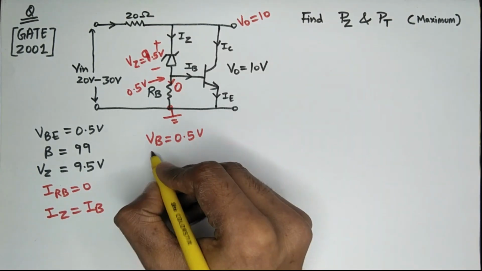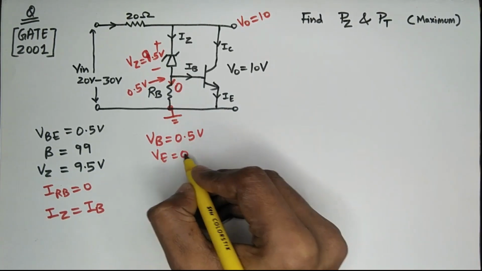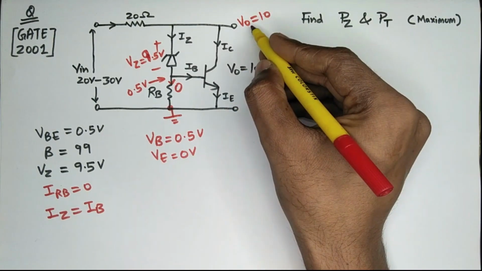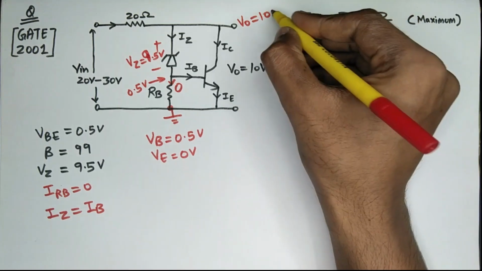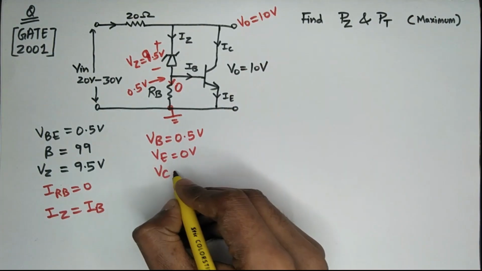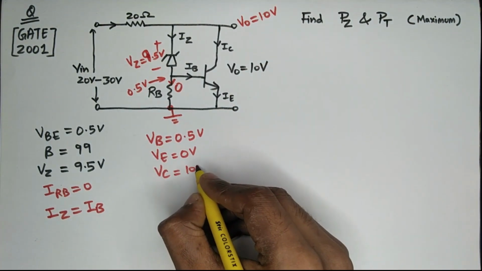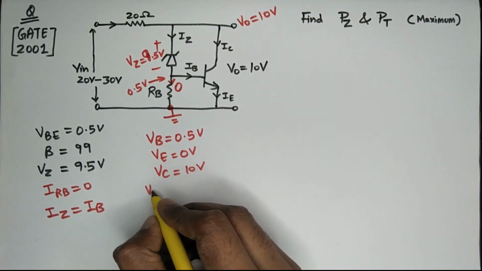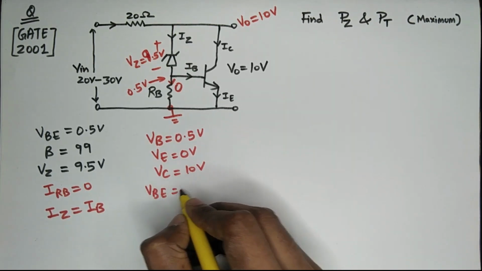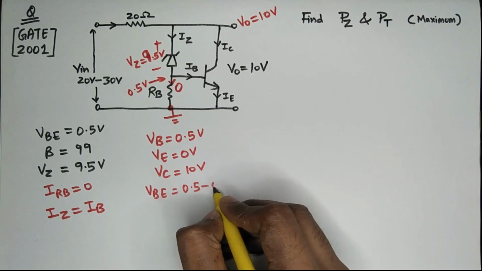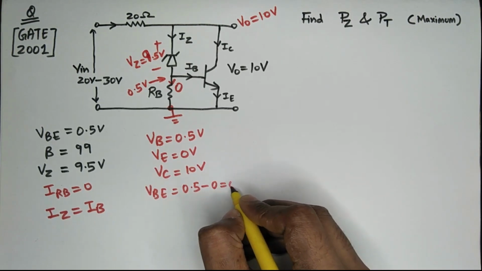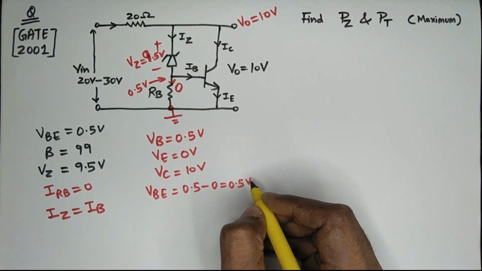Emitter is at 0 volt, therefore VE is equal to 0 volt, and collector is equal to V0, which is equal to 10 volt. Now VBE is equal to 0.5 minus 0, which is equal to 0.5 volts.